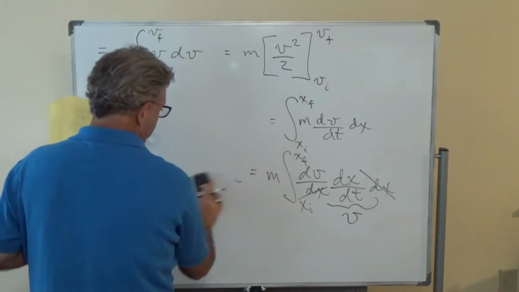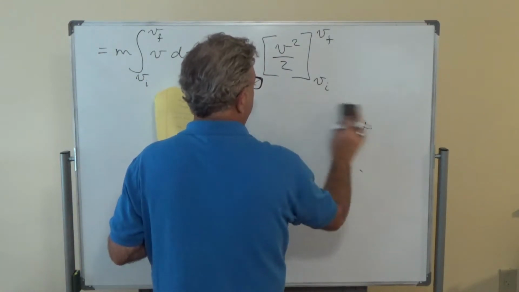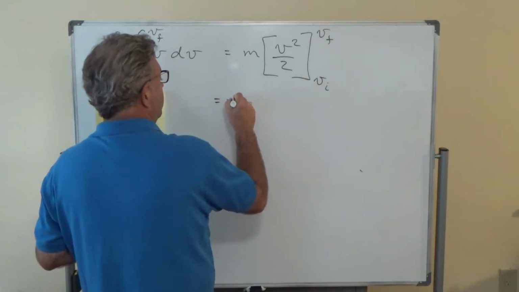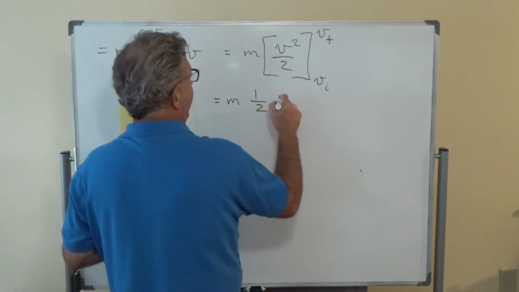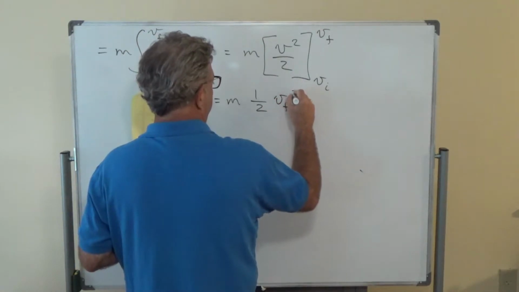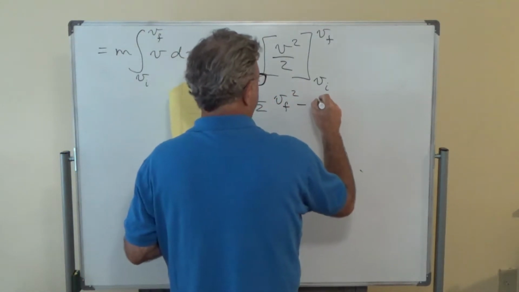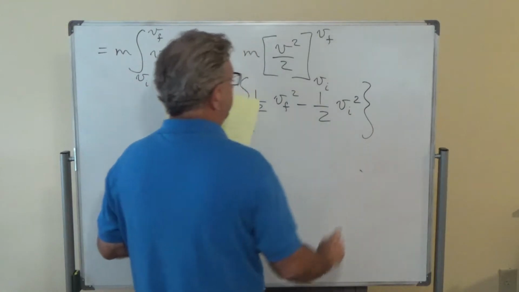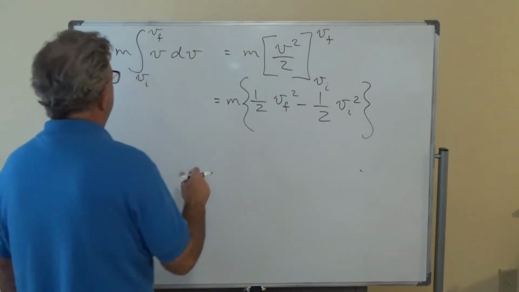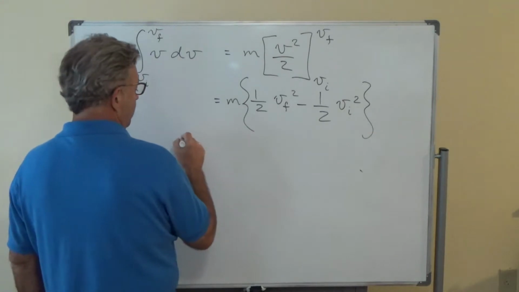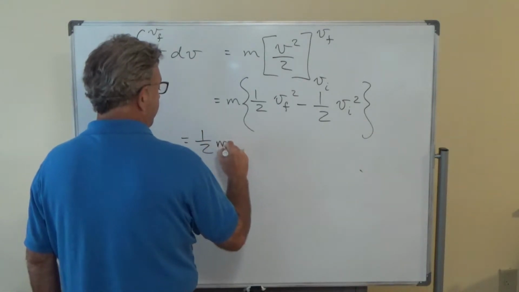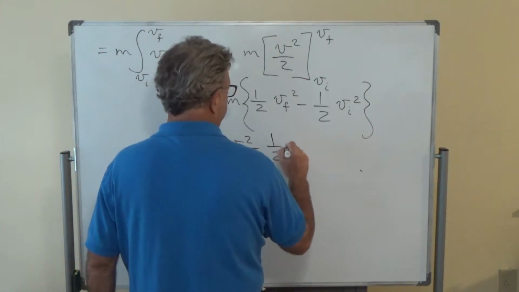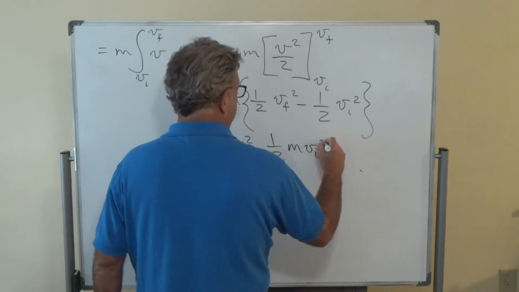So I'm just taking the integral of v, and this is equal to the mass times 1/2 v final squared minus 1/2 v initial squared. And that's exactly what I wrote down for delta K. This is equal to 1/2 m v final squared minus 1/2 m v initial squared.